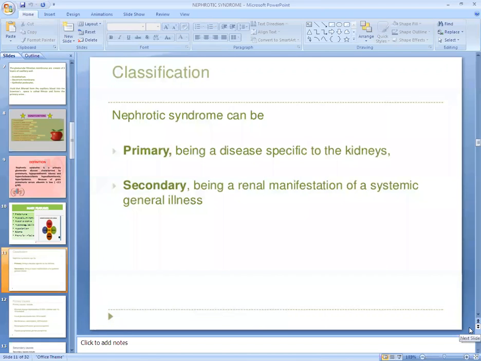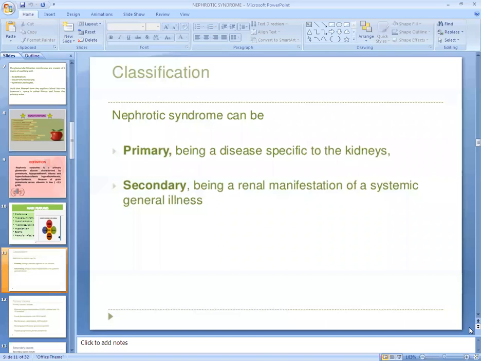Classification of nephrotic syndrome depending on etiology: primary and secondary. Primary means nephrotic syndrome resulting from intrinsic disease of kidney, that is diseases of the glomerulus. So it is called primary nephrotic syndrome.